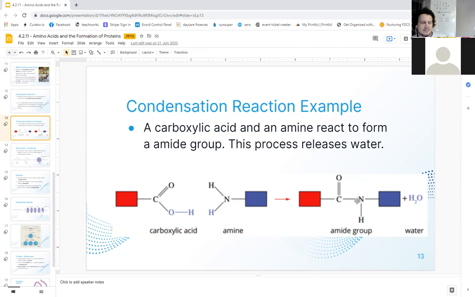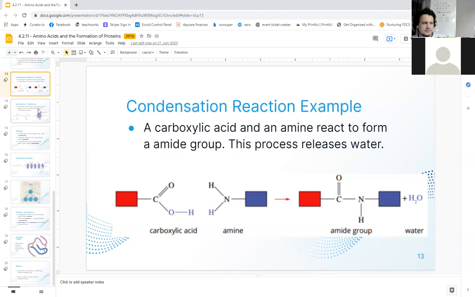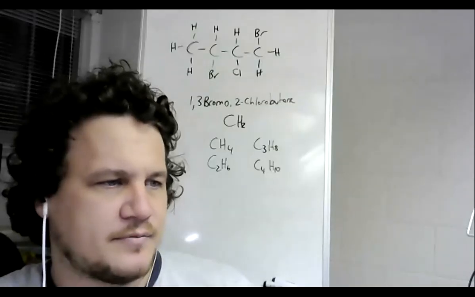And we get an amide form here. So we've got carbon, double bound to oxygen, bound to nitrogen, hydrogen, and hydrogen. So I'll give everyone 30 seconds to take that down.